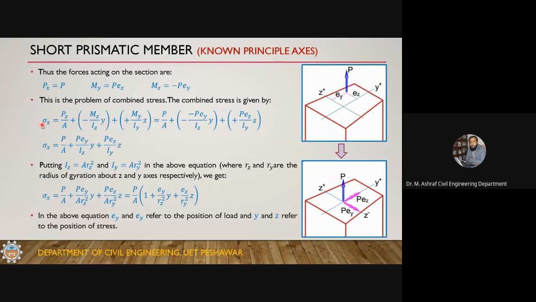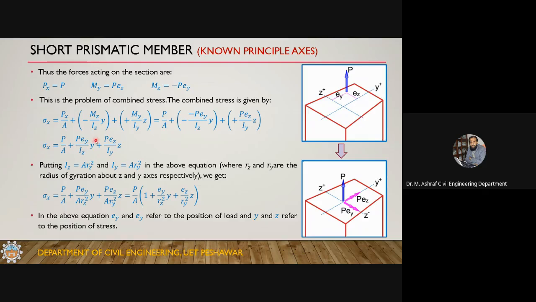The combined stress formula: sigma x is equal to Px over A minus Mz divided by Iz into y plus My divided by Iy into z. So just plug in these values: replace Px with P, My with this one and Mz with this one. Finally I'll get this one.